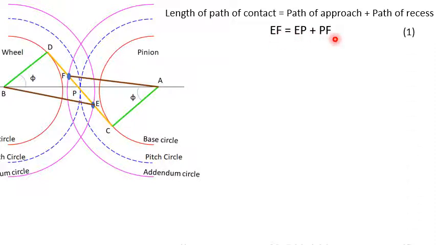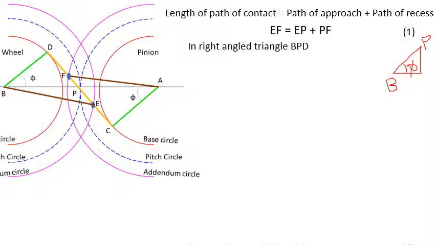So EP can be written as, let me call this one as equation number 1. In the right angle triangle, let us consider the triangle BPD. This is B, this is P, and this is D. In the right angle triangle BPD, let me draw this one separately. This is the angle phi.